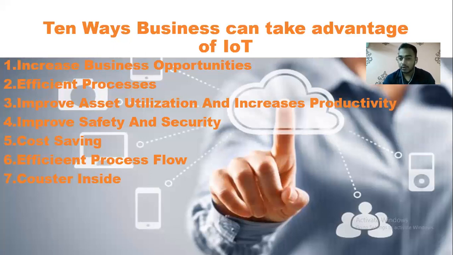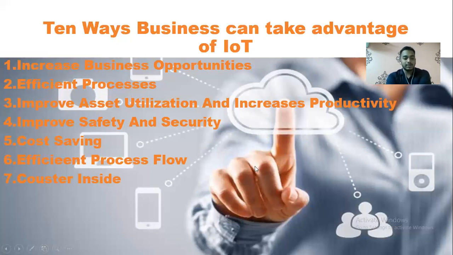If you're using IoT technology, you are able to fulfill more than 100 customers. If you are using manual technology, you can only serve 100 customers. With IoT technology, you are able to increase the number of customers daily.